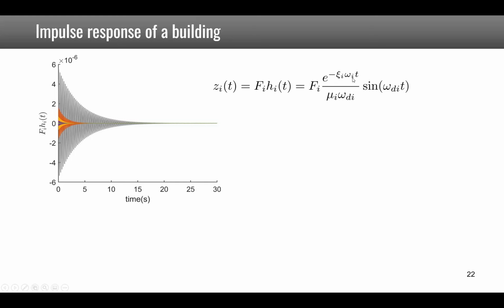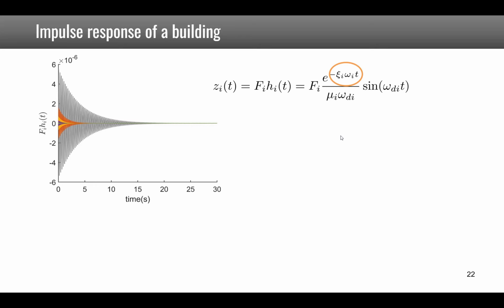But actually the damping is the same on the 5 modes. They have 1% on each. So the reason the higher modes decay faster is because their natural frequency is higher. So this is a general finding that the impulse responses will decay faster as the natural frequency of the mode is higher.